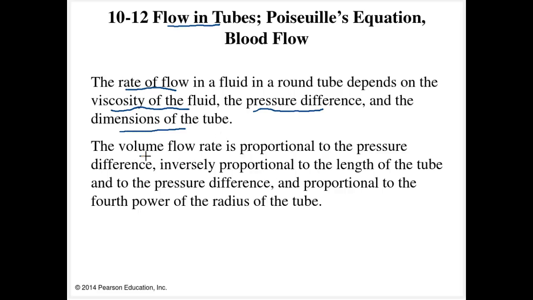It turns out that this volume flow rate is going to be proportional to the pressure difference between the two ends of the tube. It's going to be inversely proportional to the length of the tube and to the viscosity. But most importantly, it's going to be proportional to the fourth power of the radius of the tube, and you see that in the next concept I'm going to talk about.